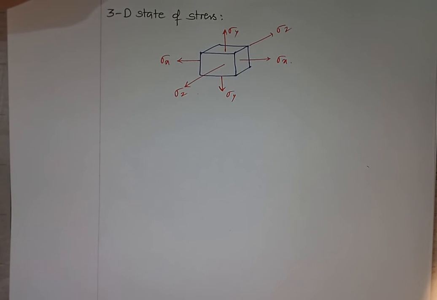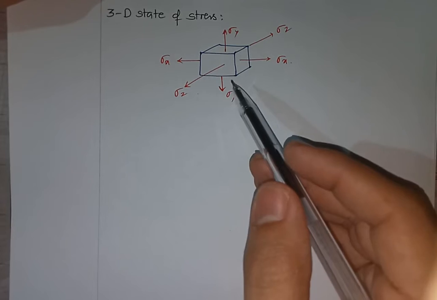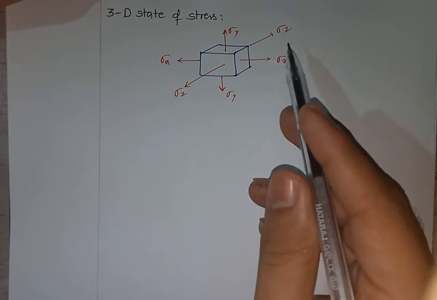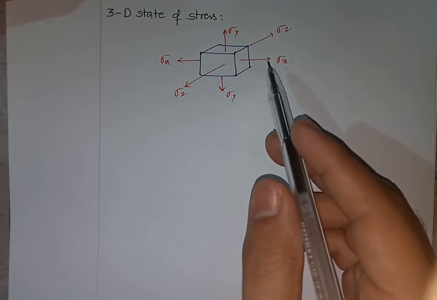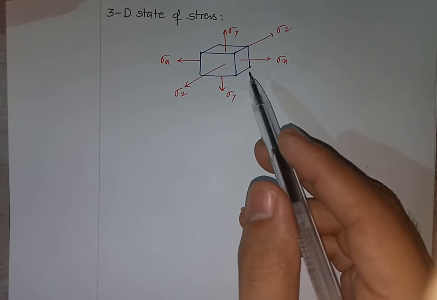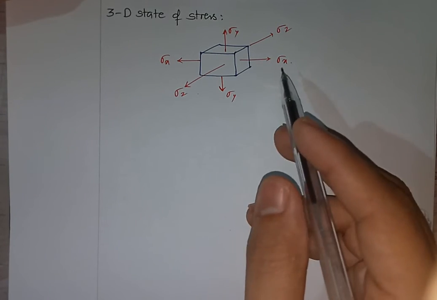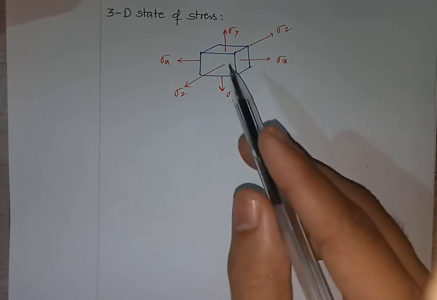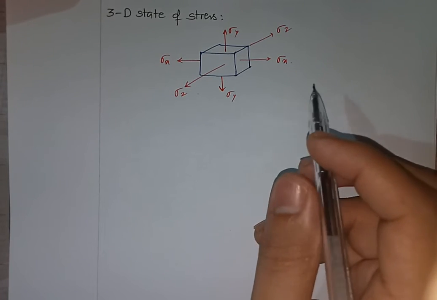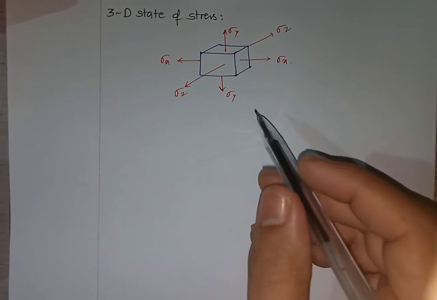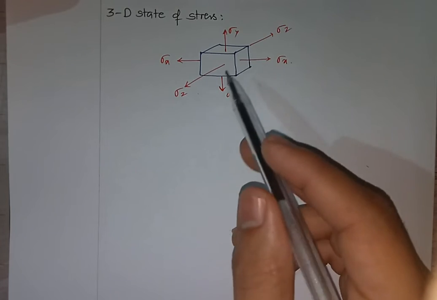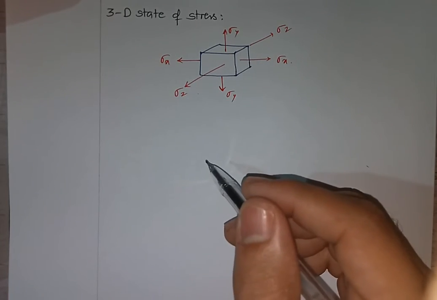Now, if any two values in these three stresses are prominent, and the third stress is either 0 or if it is negligible, then this state reduces to a two-dimensional state.